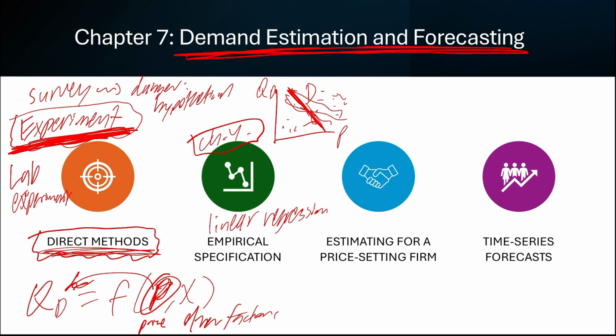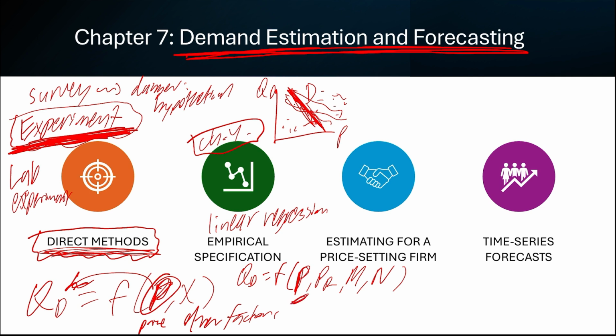And we can use stats to assess how much of this is random noise versus how much of it is really predictable based on this relationship. And so we might look at our quantity demanded as a function of the price that we set. Maybe we look at the price of other goods. We might look at the income of consumers if we knew that, or the number of buyers. And so we can look at all these factors and think about controlling for some of these things.